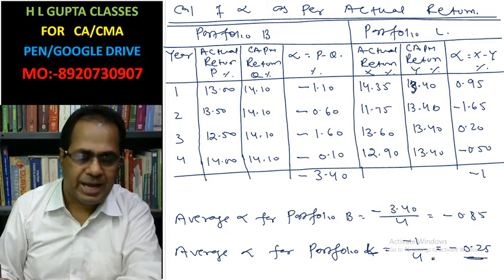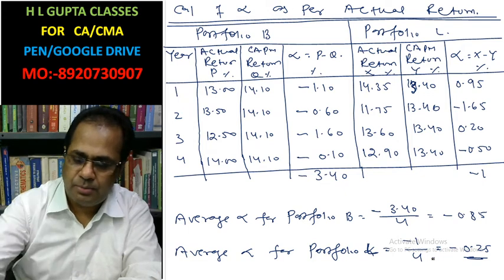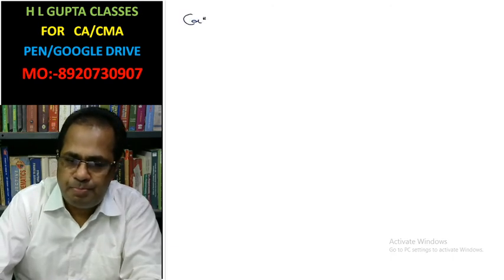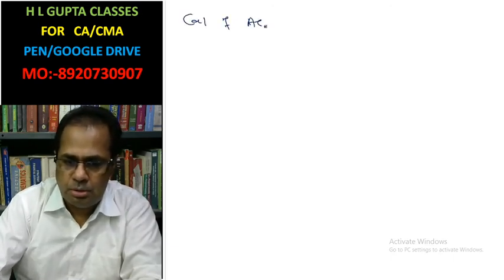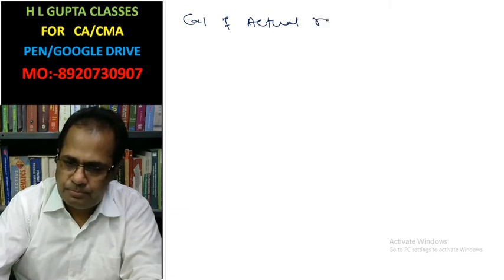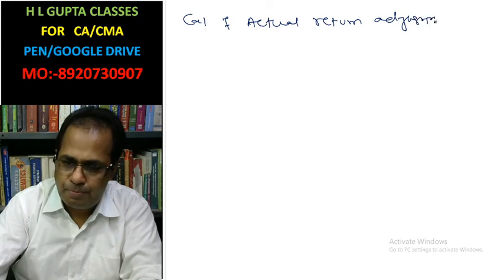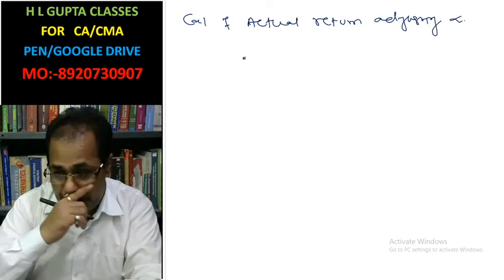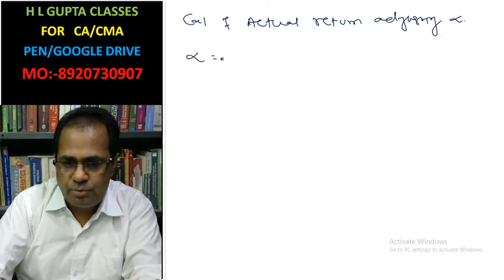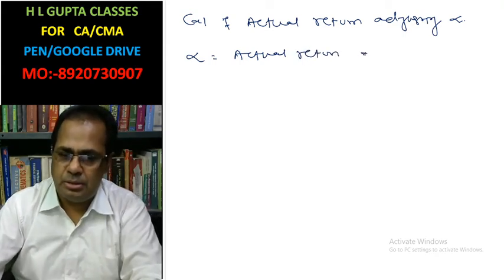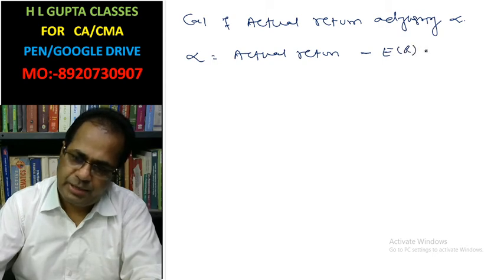Now you need to calculate the actual return adjusting for alpha. Please try to understand: alpha equals actual return minus expected return as per CAPM.